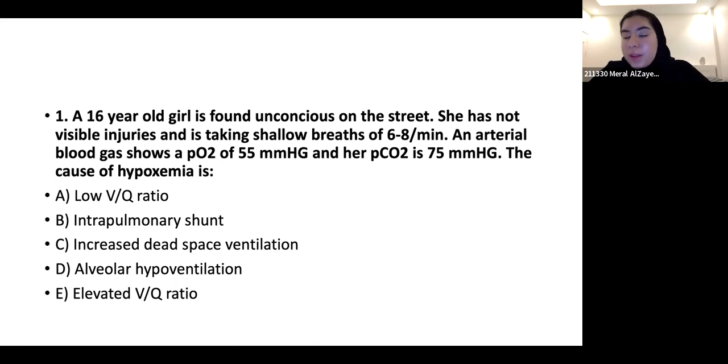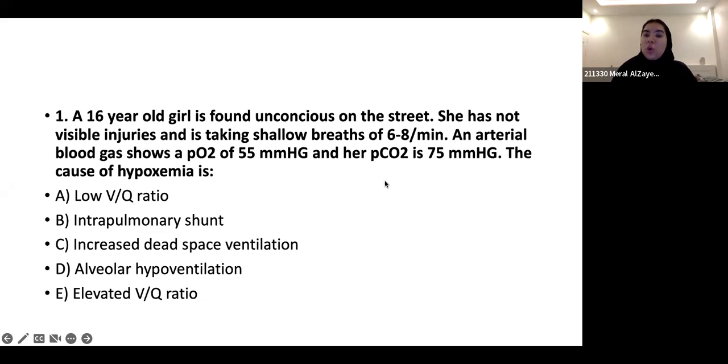The normal respiratory rate is 14 to 20. So for this patient to have 6 to 8, this indicates that the patient is already hypoventilating. But this already gave you the answer. Further, they already mentioned that the oxygen partial pressure is very low, and the carbon dioxide partial pressure is very high.